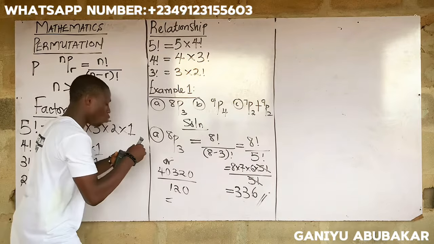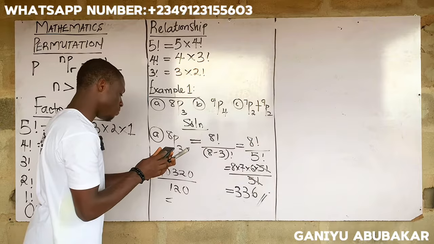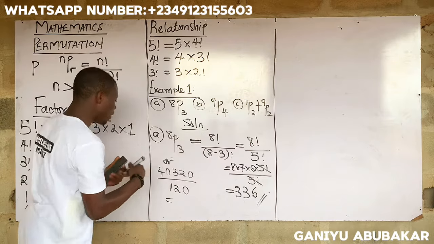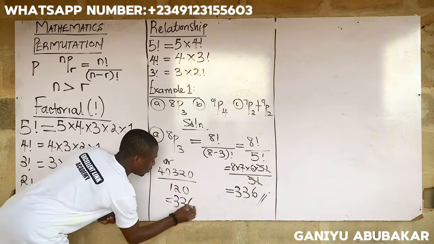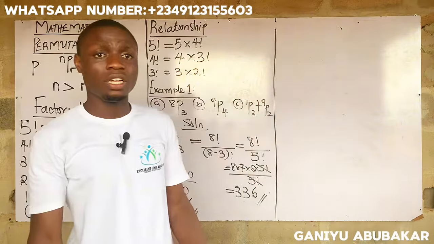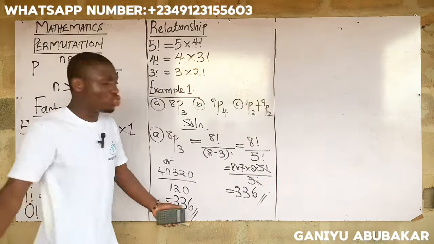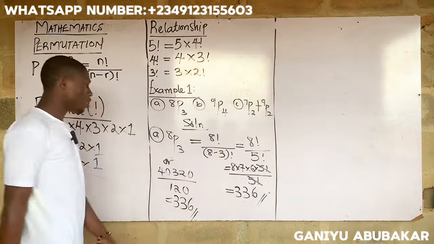Please divide the two. 40320 divided by 120 gives 336, the same answer as this. Depending on your choice, if you want to use the calculator, go straight to it and get your answer. If you want to use the normal approach, then you're good.